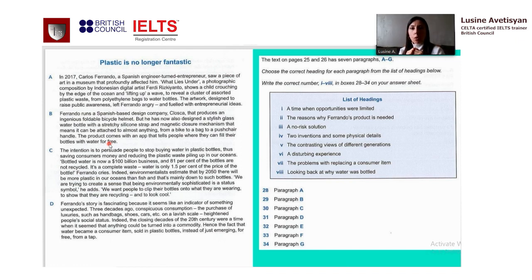But he has now also designed a stylish glass water bottle with a stretchy silicone strap and magnetic closure mechanism, so we see the comments and some description of what this is.